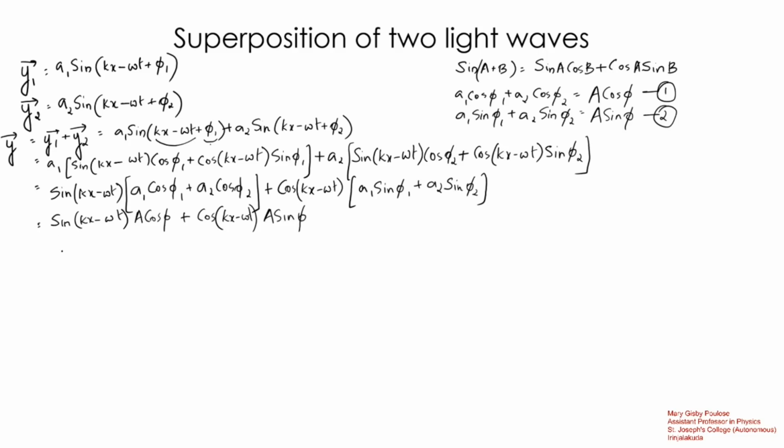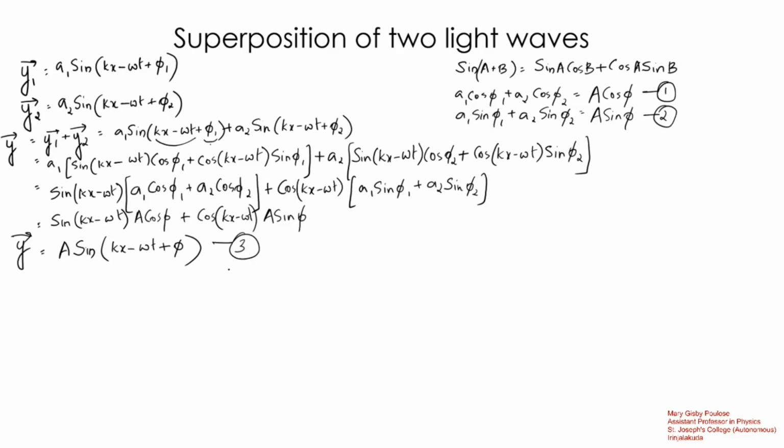Okay, so the common term will be A. Remaining I have sin kx minus omega t cos phi plus cos kx minus omega t sin phi. That can again be reduced as sine of A plus B form, that is kx minus omega t plus phi. So this is the resultant wave. This is the expression for the resultant wave, where A is the resultant amplitude and phi is the resultant phase. Let this be equation 3.